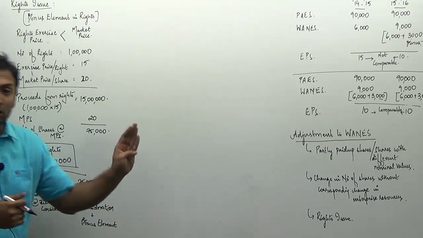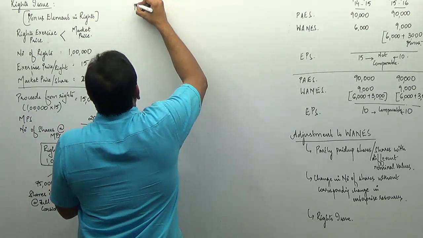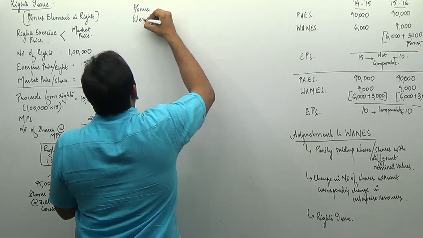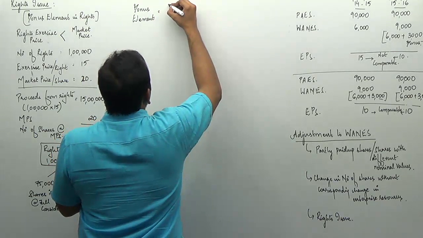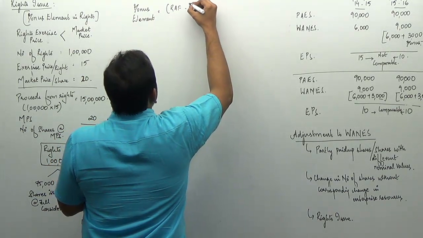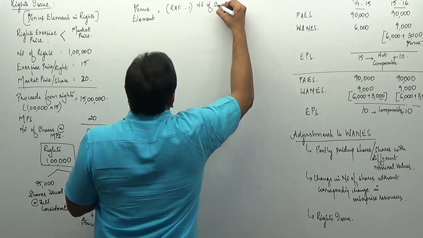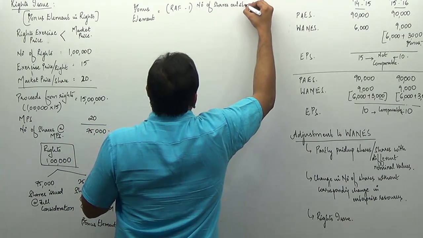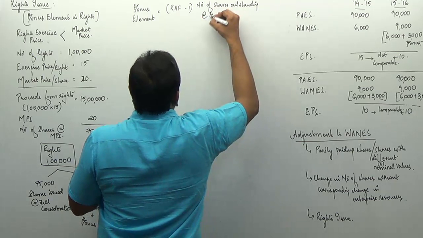But how do we actually solve the problem on rights issue? Say that bonus element is equal to (RAF minus 1) into number of shares outstanding at the beginning of year.